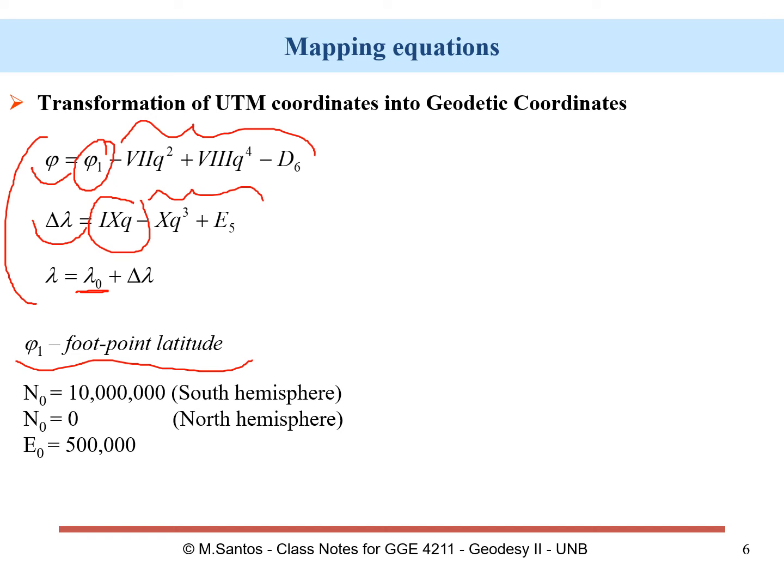For the equations that follow, N naught corresponds to the false northing, 10 million if the computations are in the southern hemisphere, 0 if in the northern hemisphere, and E sub 0 corresponds to 500,000, which is, of course, the value of the easting along the central meridian.